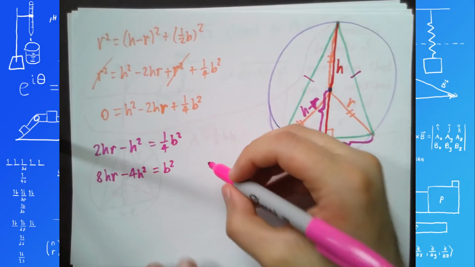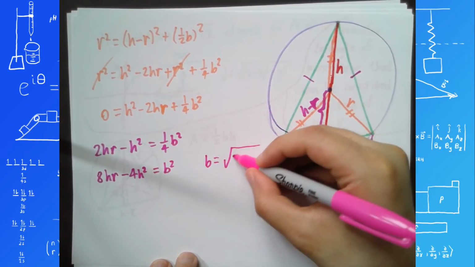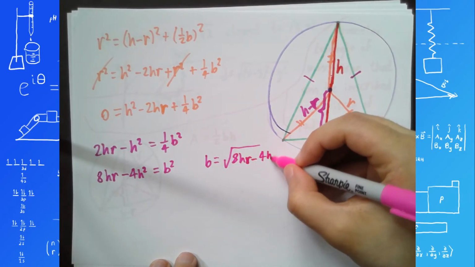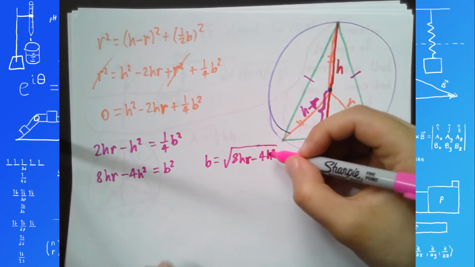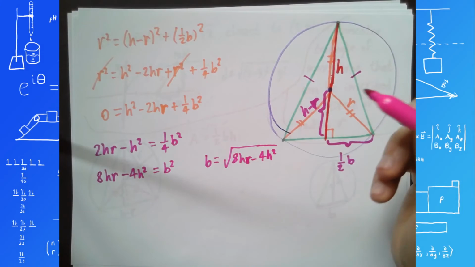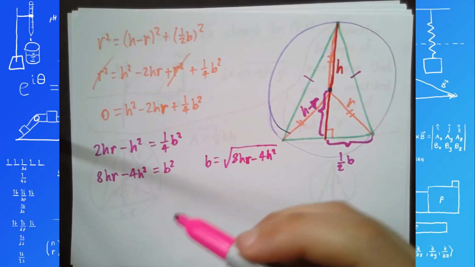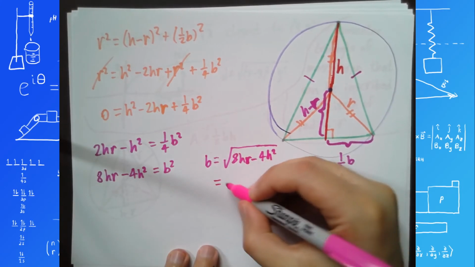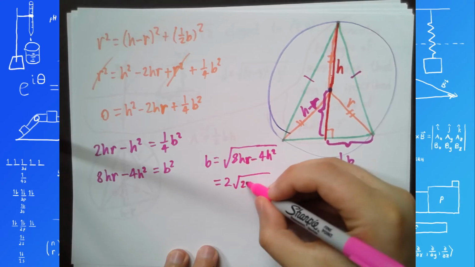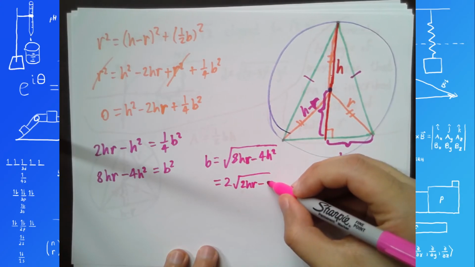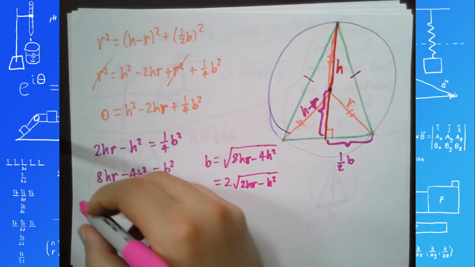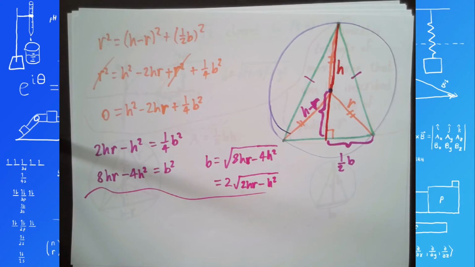And just take the square root, and we've got b equals the square root of 8hr minus 4h squared. I guess you could also factor the 4 out and pull it out of the square root as a 2, but maybe we'll save that for later. You know what? Fine, I'll do it now. 2 square root of 2hr minus h squared. There. Okay, so then our area formula was area equals 1/2 base times height.